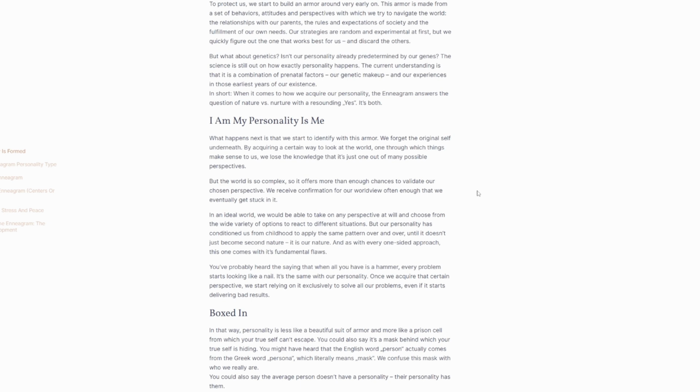We lose the knowledge that it's just one of many possible perspectives. In an ideal world, we would be able to take any perspective at will and choose from the wide variety of options to react to different situations. But our personality has conditioned us from childhood to apply the same pattern over and over again until it doesn't just become second nature, it is our nature.